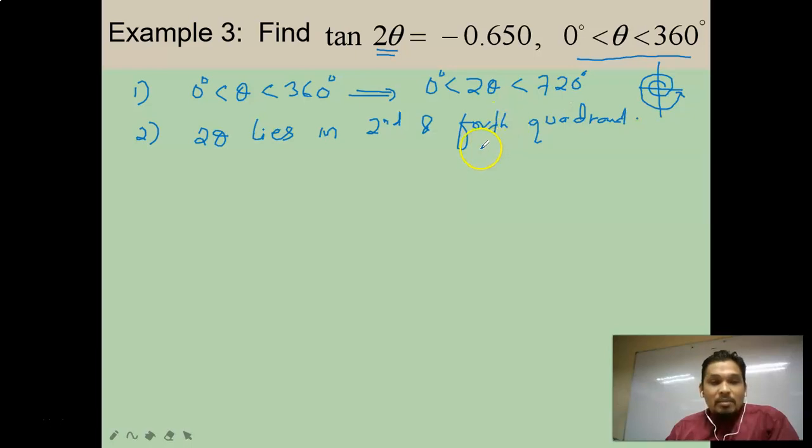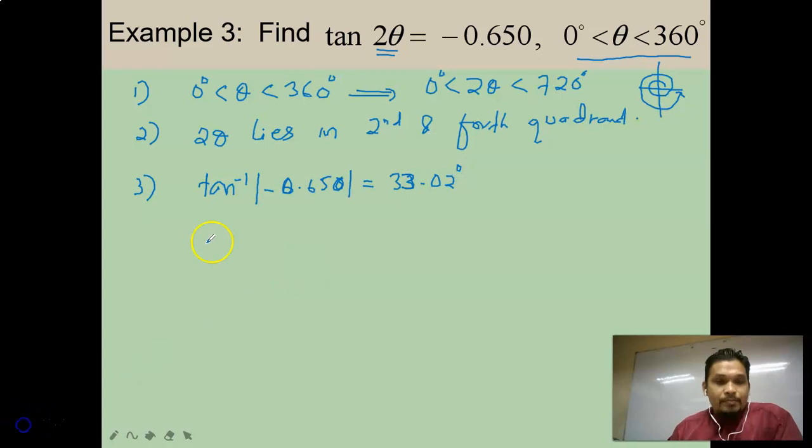So then the basic angle from tangent of 2 theta: arctangent of negative 0.650 equal to 33.02 degree.